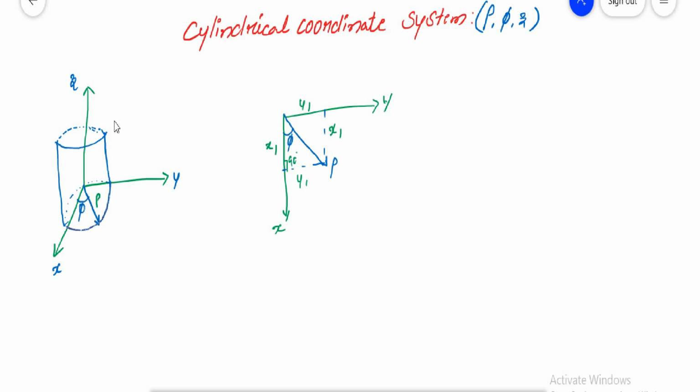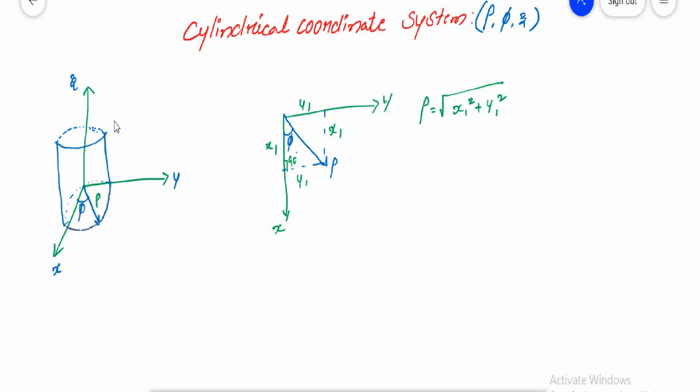Then we can consider this rho as the hypotenuse of the right angle triangle. So according to the Pythagoras theorem, rho is equal to the square root of x1 square plus y1 square.